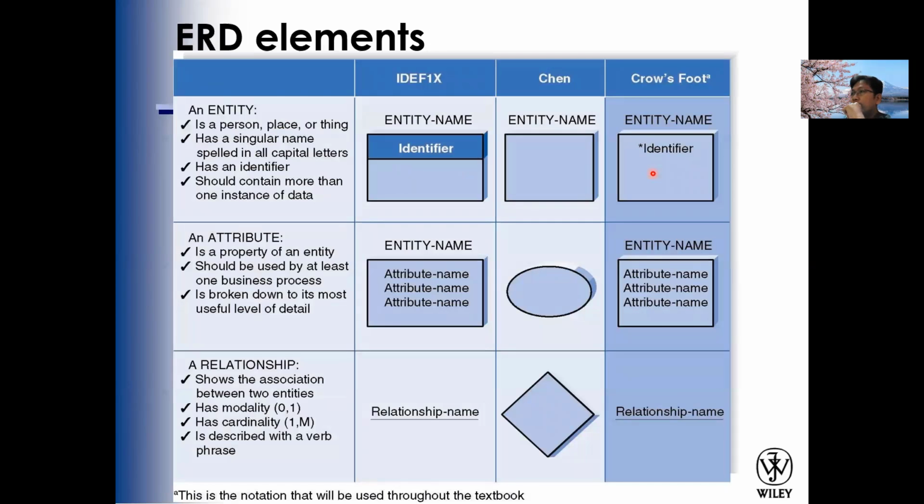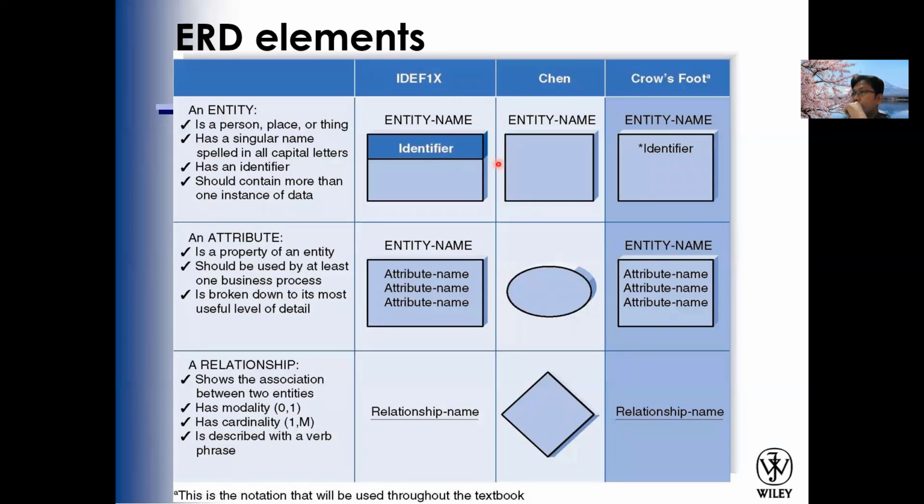This is the standard for the entity name. You see there are a lot of methods: Chen, Crowfoot, and also IDEF1X.